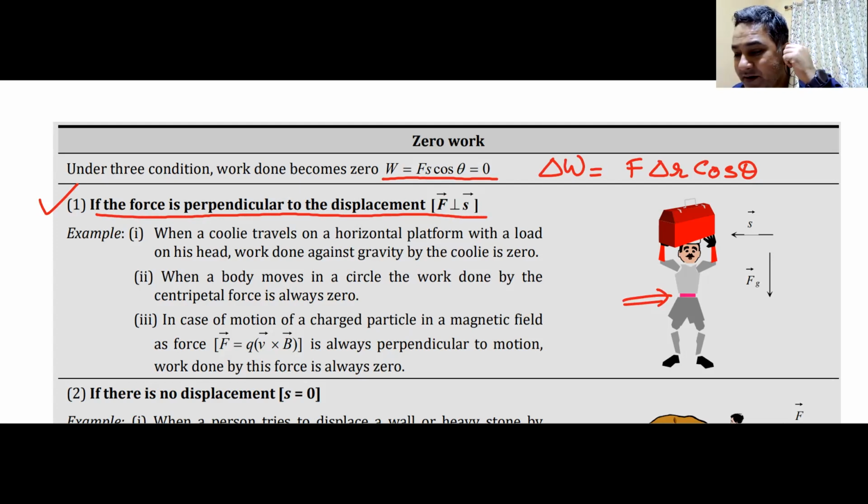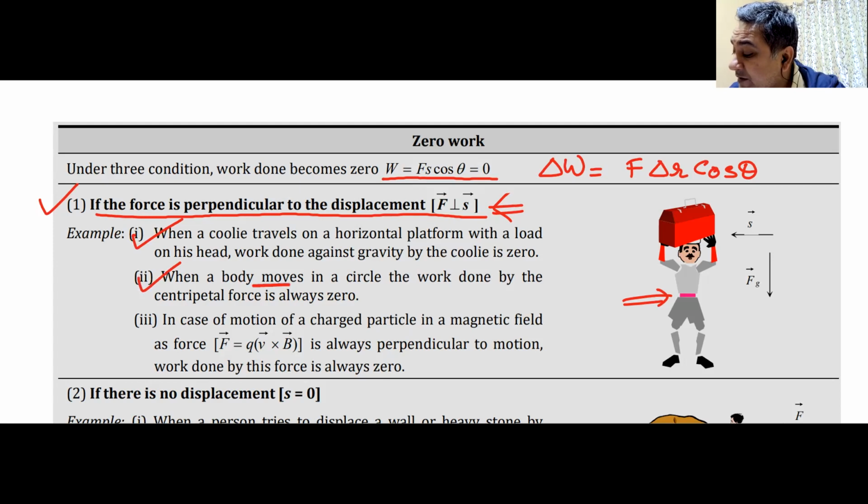He is applying force in the upward direction, but he is moving in the forward direction. The angle between force and displacement is 90 degrees. That is the first example.